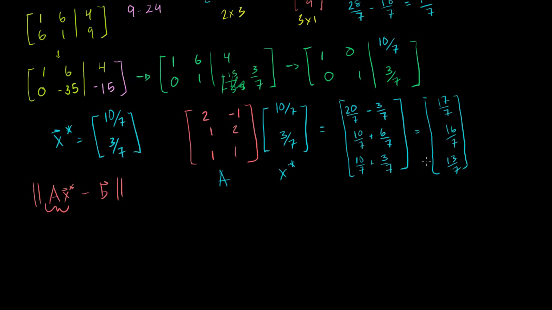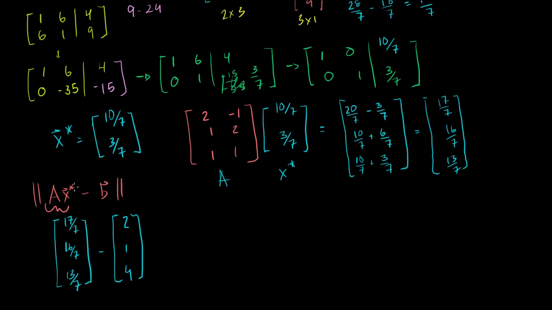And we want to find out what this minimum distance is. So this is going to be 17 sevenths, 16 sevenths, and 13 sevenths minus our original b. Now our original b was 2, 1, and 4.